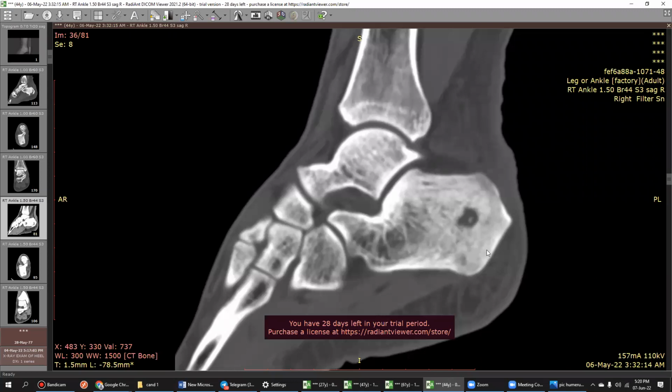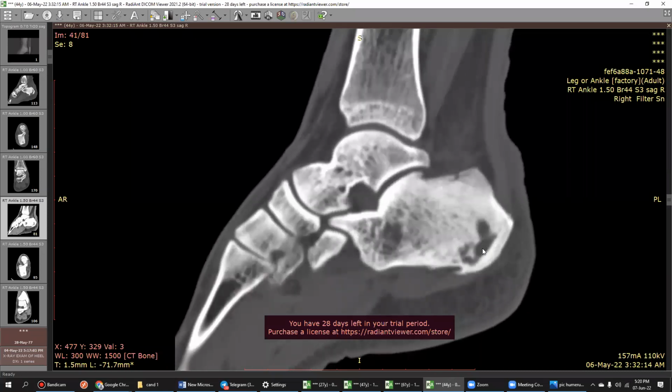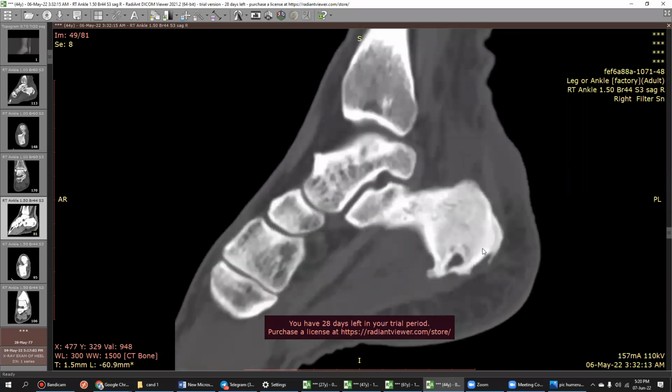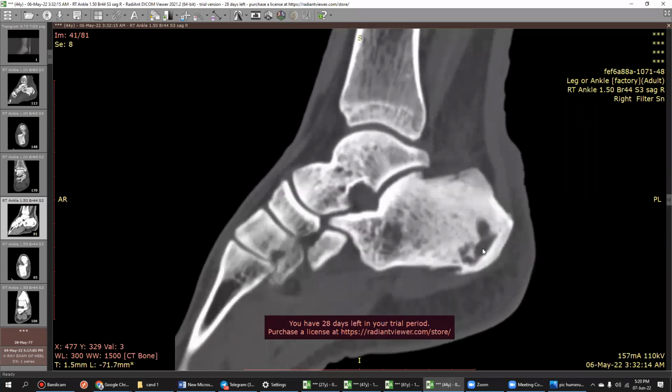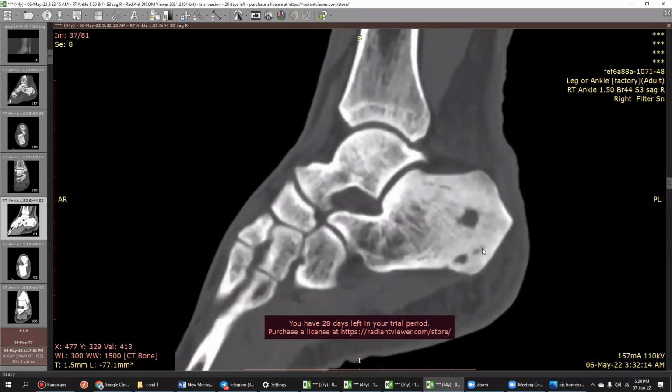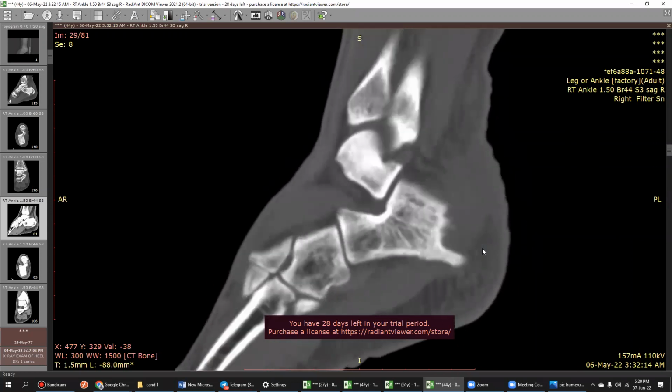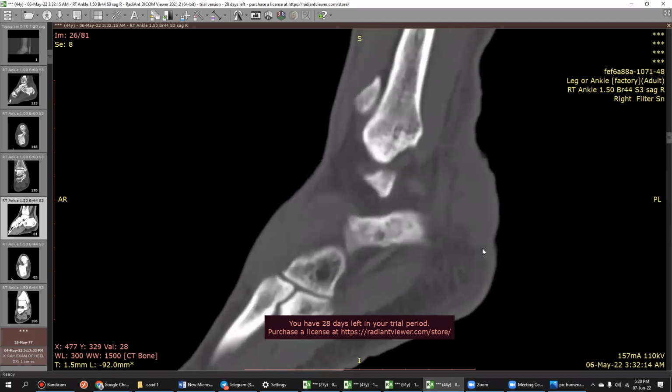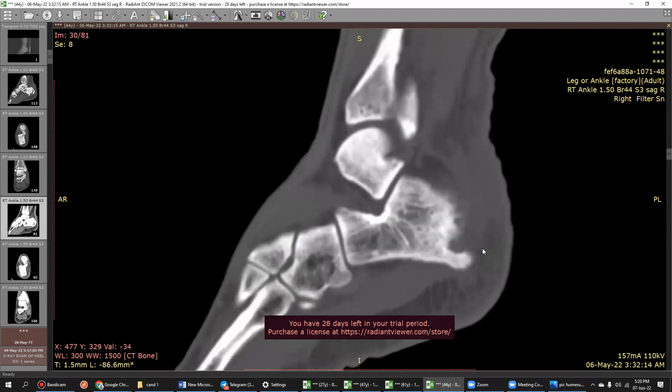This gives me evidence of a sequestrum within the lytic lesion with surrounding sclerosis. My other differential for this could be osteoid osteoma. However, I will look at the clinical picture of the patient, whether he has pain at night and if it is relieved by non-steroidal anti-inflammatories.